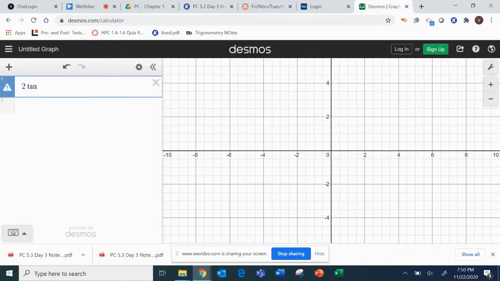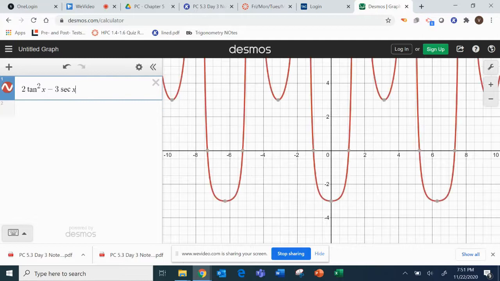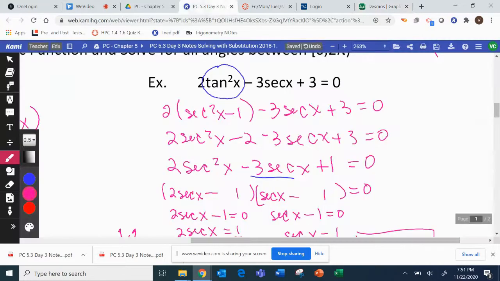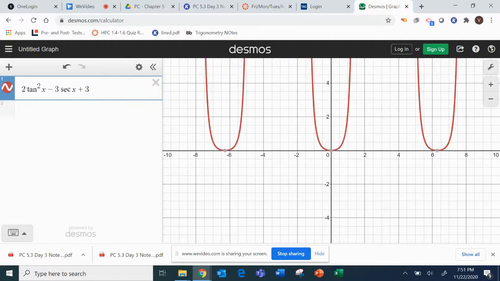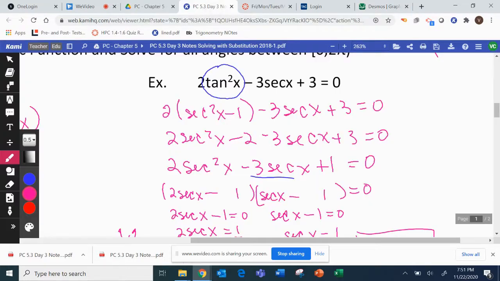And then the second part is that it equals 0. On this side of the equation is equal 0.